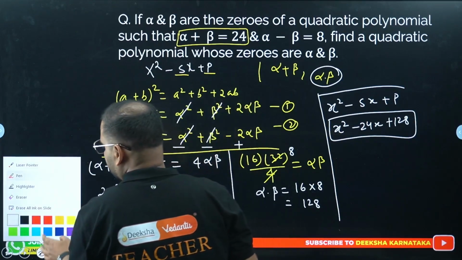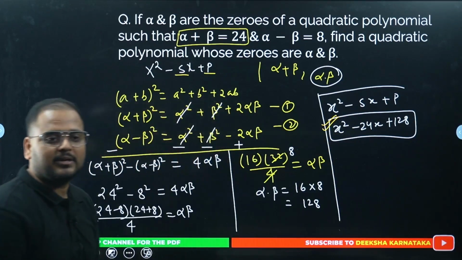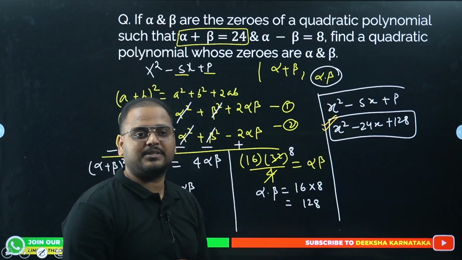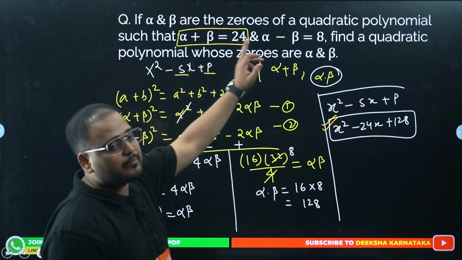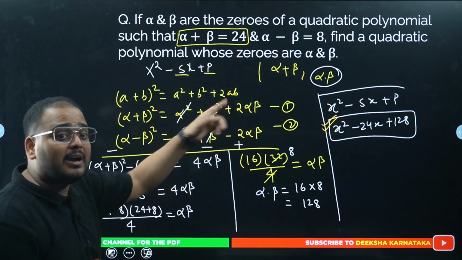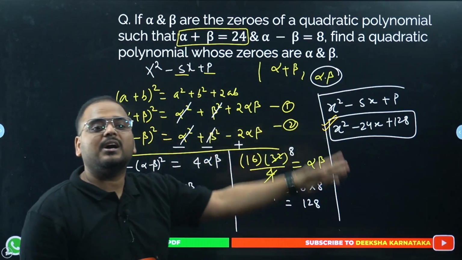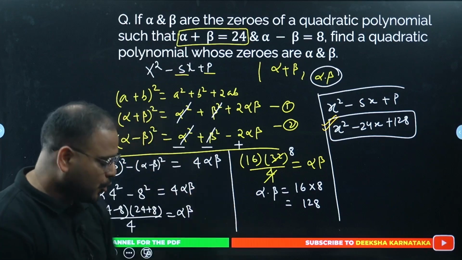I hope you understood it. Everyone, please say yes in the comment. For this question, the sum was given, the difference was given, and we had to find the product. We used the identity to find the product, and then we used the standard form of a quadratic polynomial when the sum and product are known.